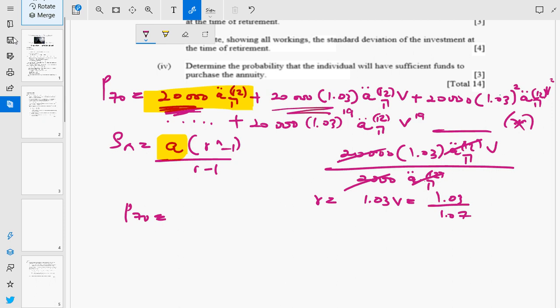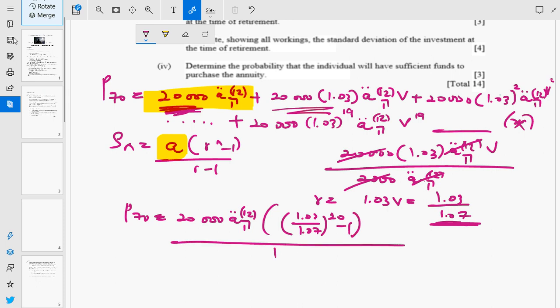So your a will be 20,000 times an annuity payable in advance, payable monthly, into your common ratio, which I've explained is 1.03 over 1.07. How many terms are here? There are actually 20 terms, minus 1, divided by 1.03 over 1.07 minus 1. And from here, you punch your calculator.